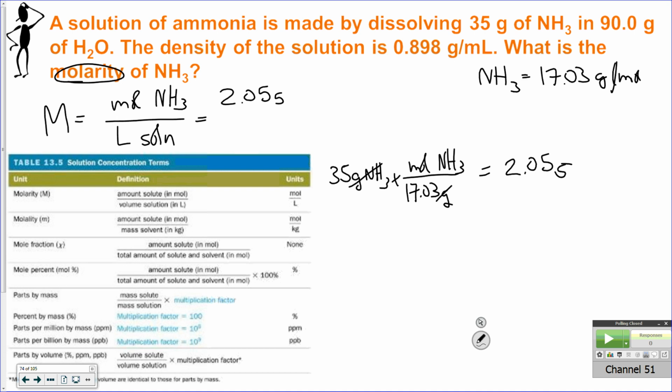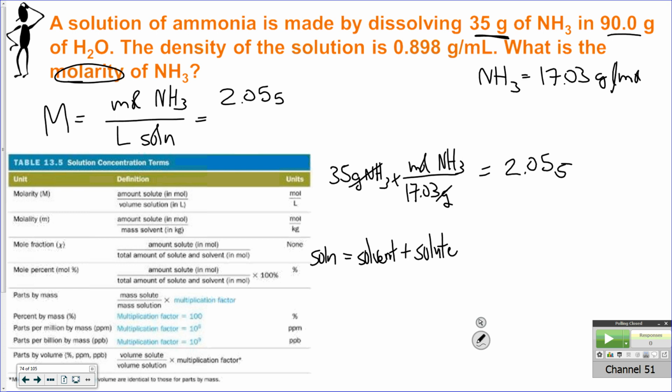The little bit greater challenge is finding the volume of the solution. If we think about it, the solution is equal to the solvent plus the solute. We know we've got a certain mass of ammonia, the solute, and a certain mass of water.